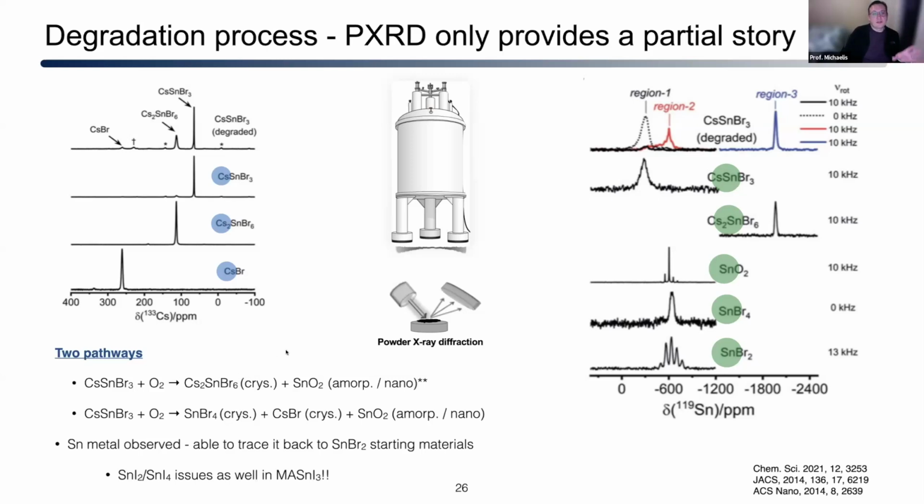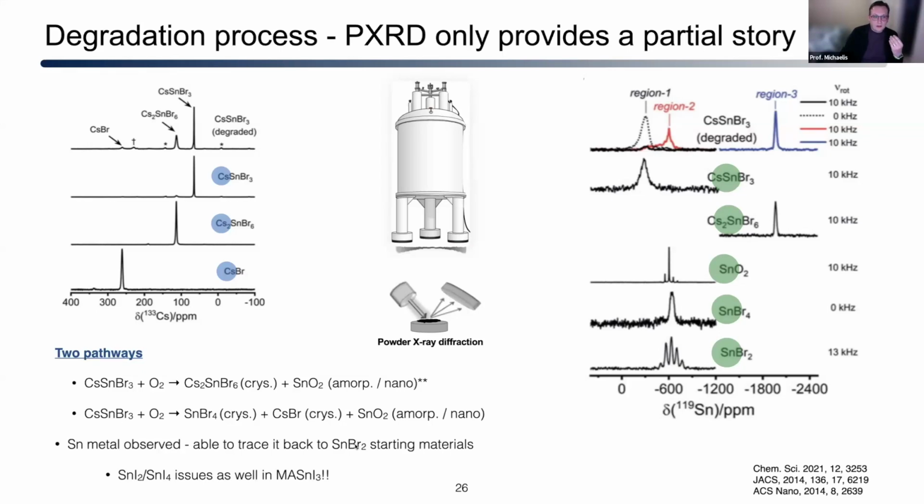In our situation with our samples, what we were able to determine, again, looking back at the starting reagents, if you recall a few slides ago, I talked about the problems with the methyl ammonium tin iodide species. If you look at tin bromide, from the reagent grade that we source, you can actually see tin metal being present in those samples. And because we were doing these under solid state conditions, whatever impurities we begin with from our reagents just get transcribed through to the end.